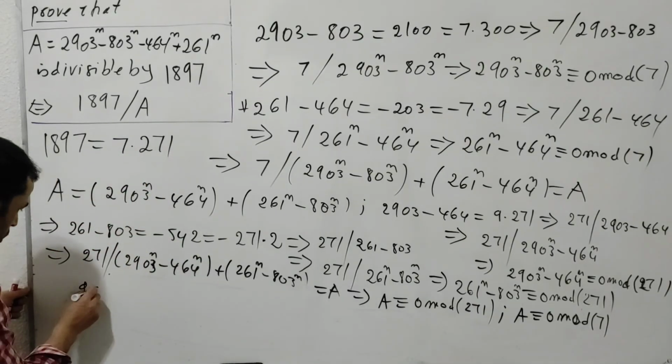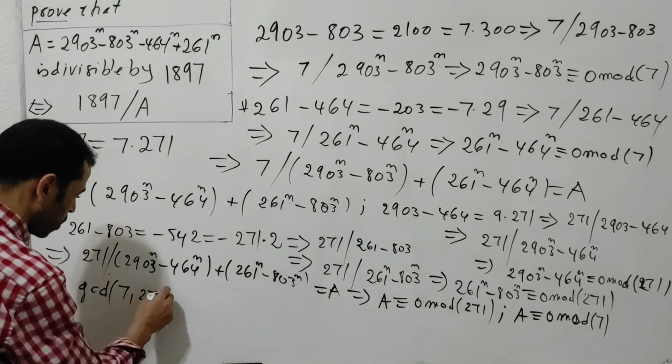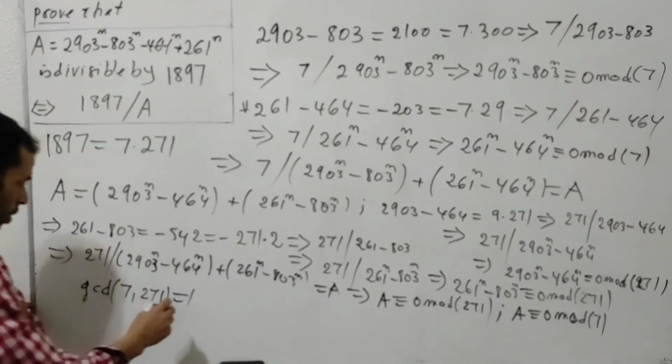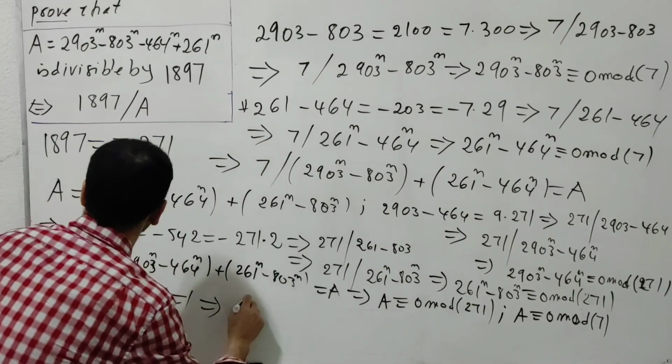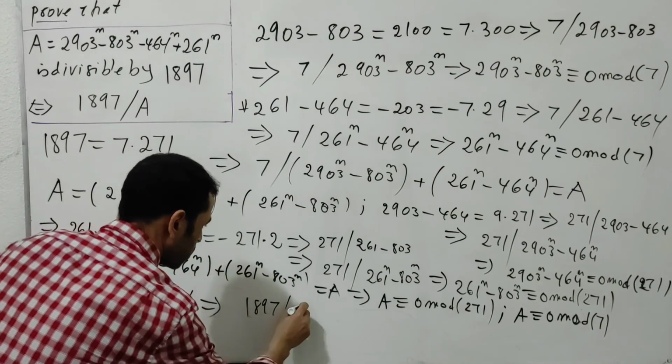Moreover, the GCD of 7 and 271 equals 1. Thus 1897 divides capital A.